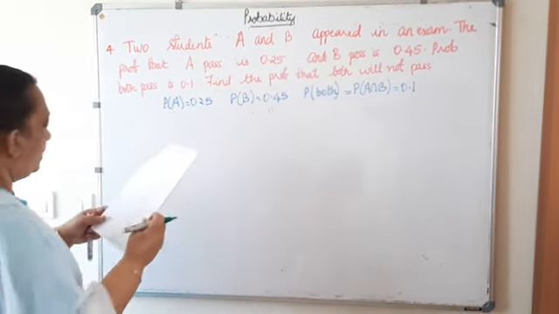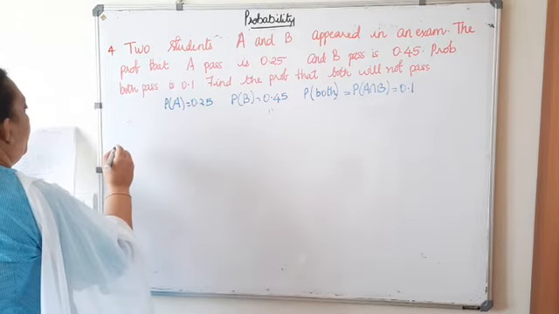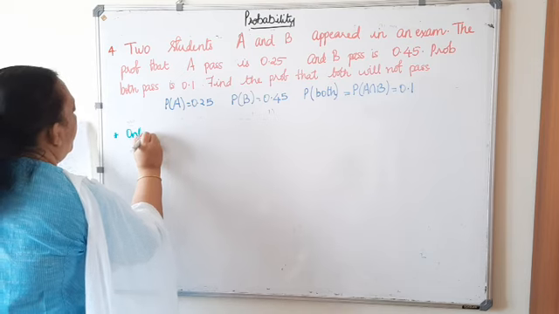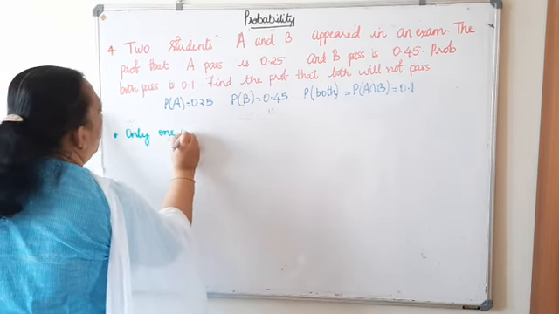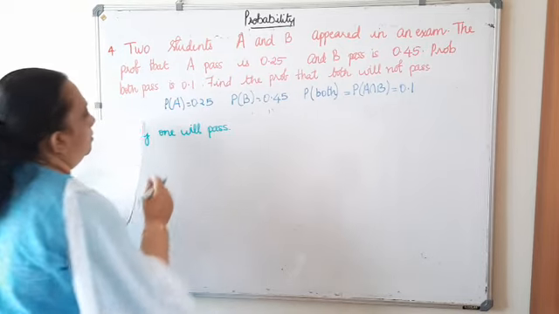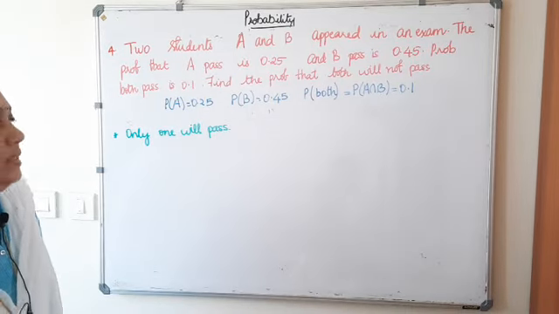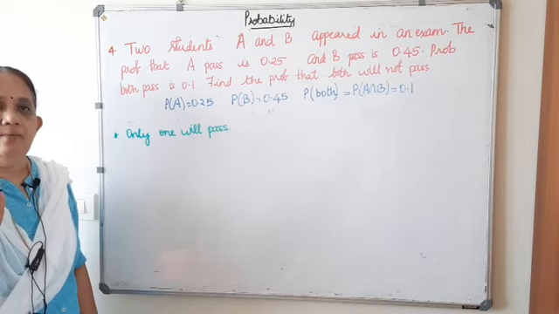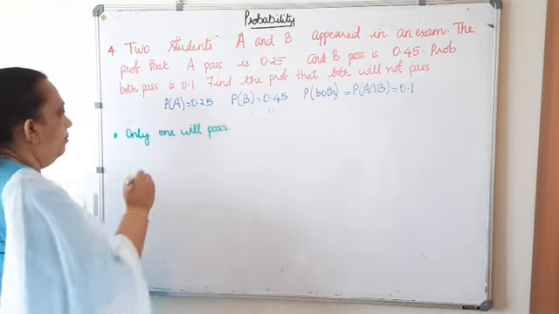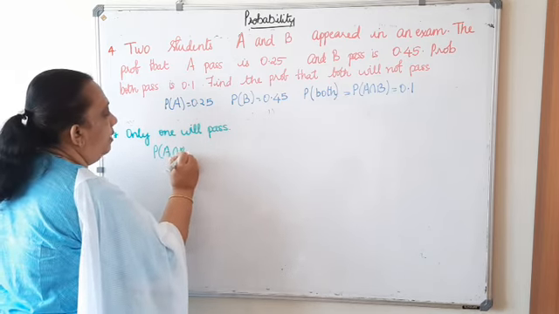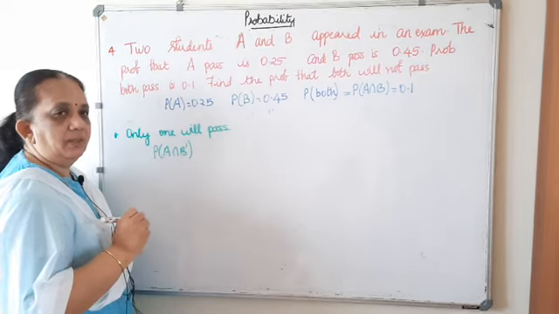Second part of the question, only one of them will pass. Only one will pass. That is, we don't know who will pass the examination, either A or B. So we will write, if A passes the examination, then B will not pass the examination.